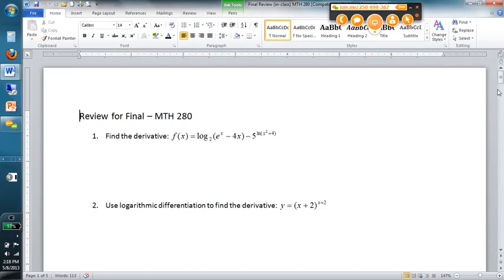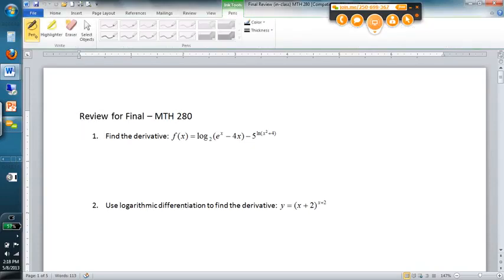So anyway, what's the derivative of the logarithm? Well, again, that's on the sheet. If it's natural log, it's just 1 over what's inside the ln, right? But if it's a logarithm of another base, here's what we do.